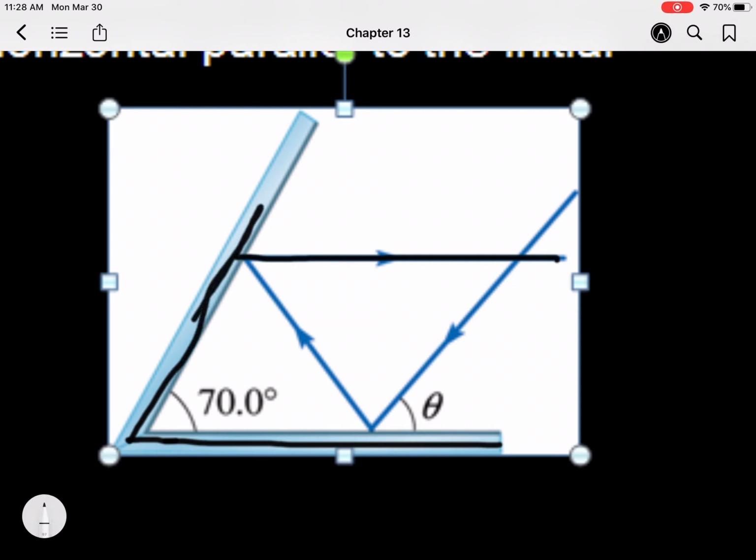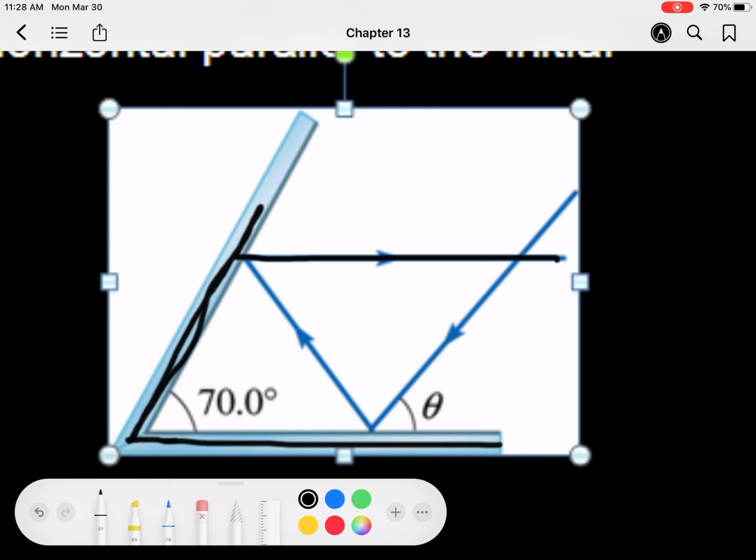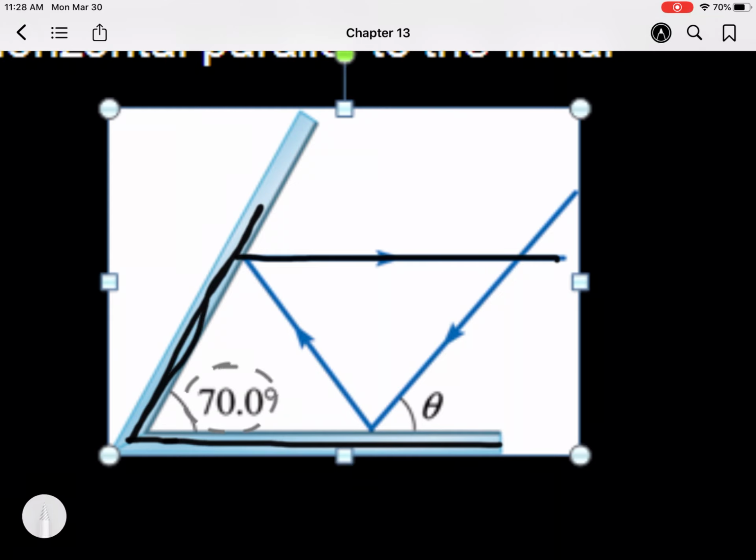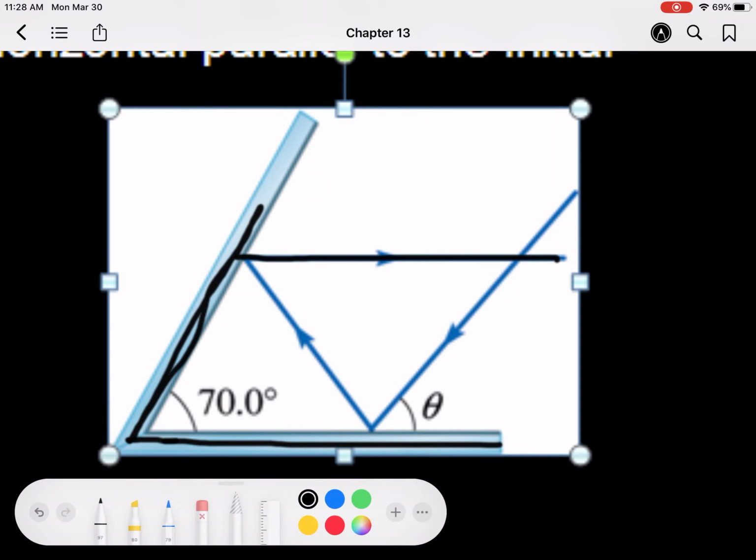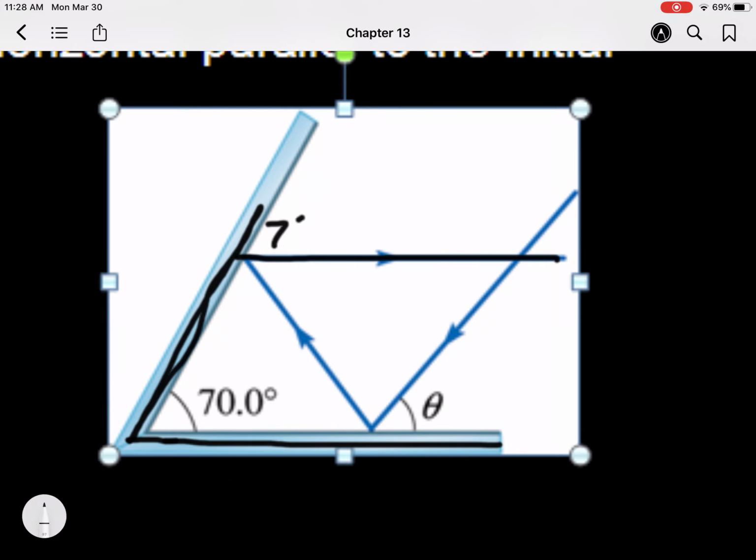If this angle here is 70, since it's the same line on this parallel line, then it must also be 70 on this parallel line. So this angle here is also 70.